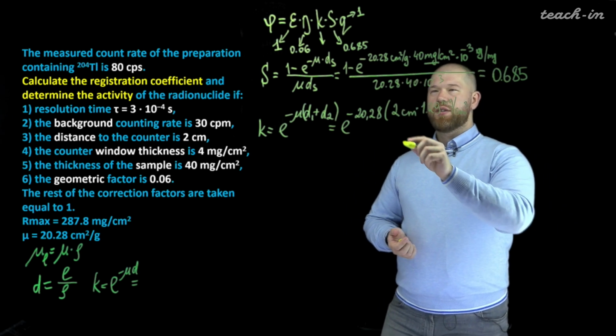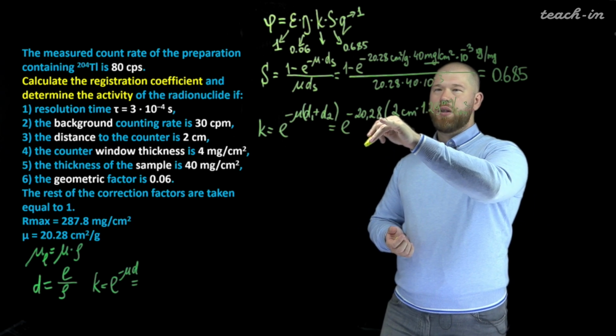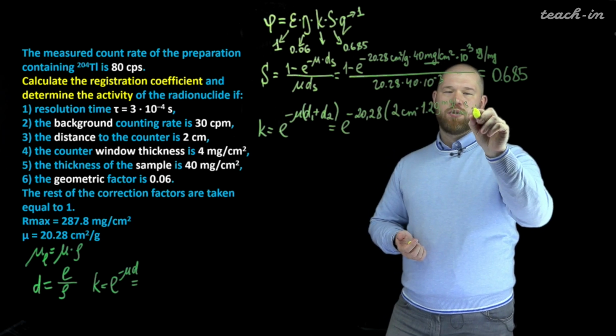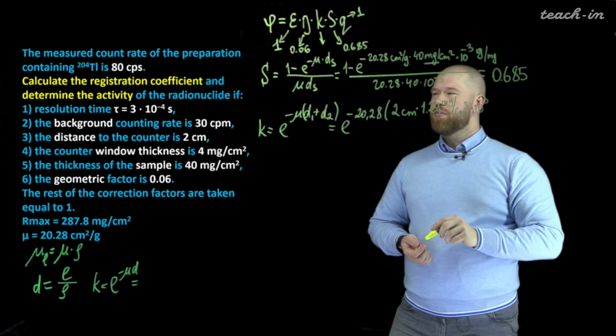And as far as it was centimeter squared per gram, again we have to multiply it by this coefficient.